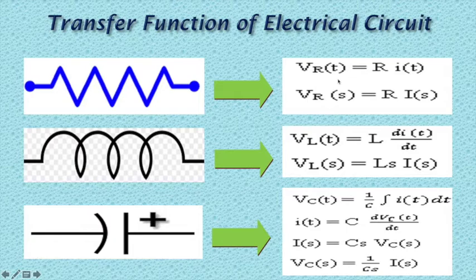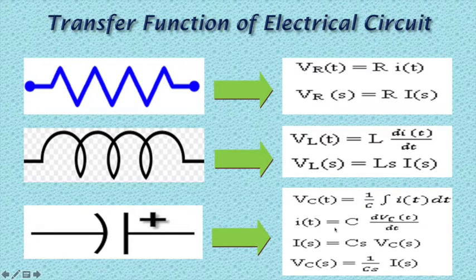If current passes through the circuit, then the voltage drop is R into I. Taking Laplace transform, VR(s) equals R I(s). Similarly, the voltage drop across inductance is VL(t) equals L di/dt. Taking Laplace transform, we get VL(s) equals L s I(s).